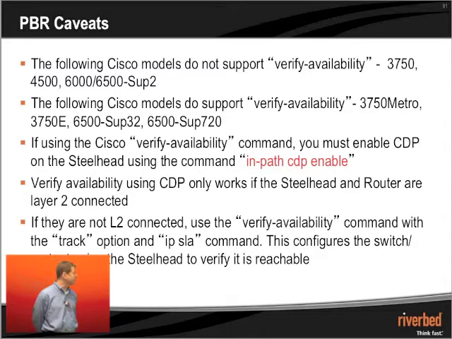So in those environments, we need to turn on tracking or the IP SLA command. And the correct command to turn on CDP, which you may use even in environments where you are not using policy-based routing, is in-path CDP enable.